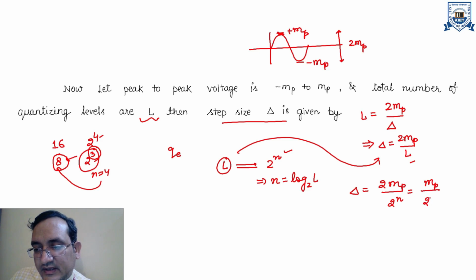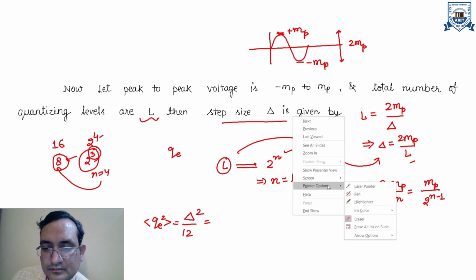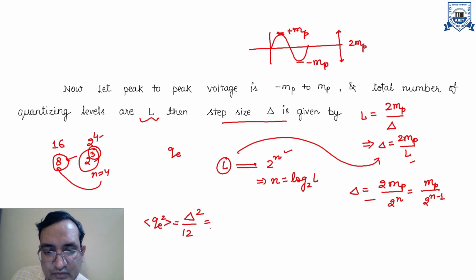I want to calculate the quantization noise power, which is QE square. This one is the quantization noise power. So that was delta square by 12. In the previous slide I have already proved. So that will be equal to, using this formula, delta square by 12 with delta equal to 2 MP divided by 2 to the power n. So you can clearly see that it is 1 upon 12 into MP square into 4, divided by 2 to the power n to the whole square.